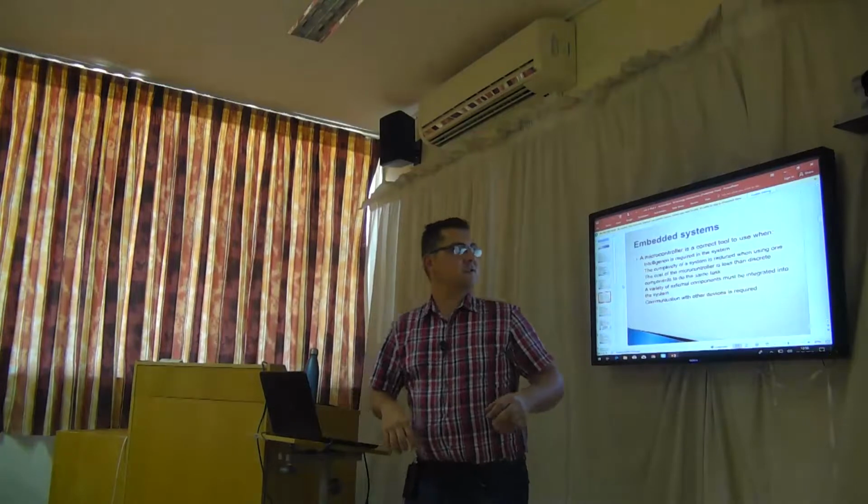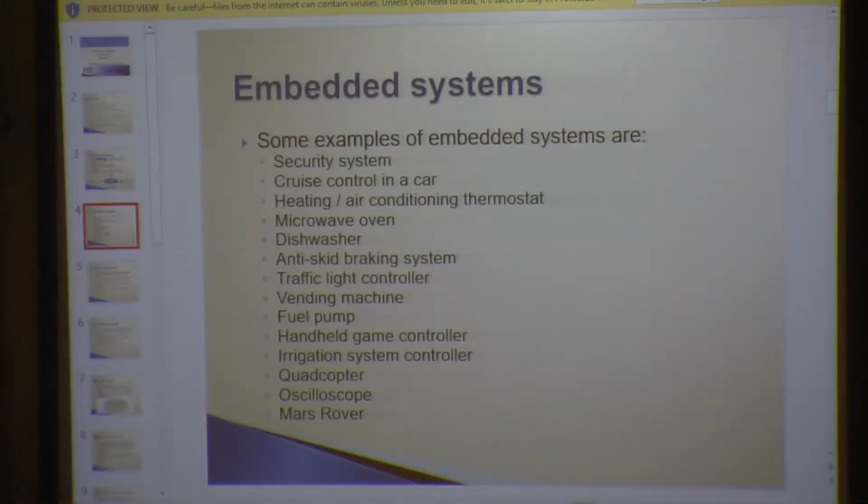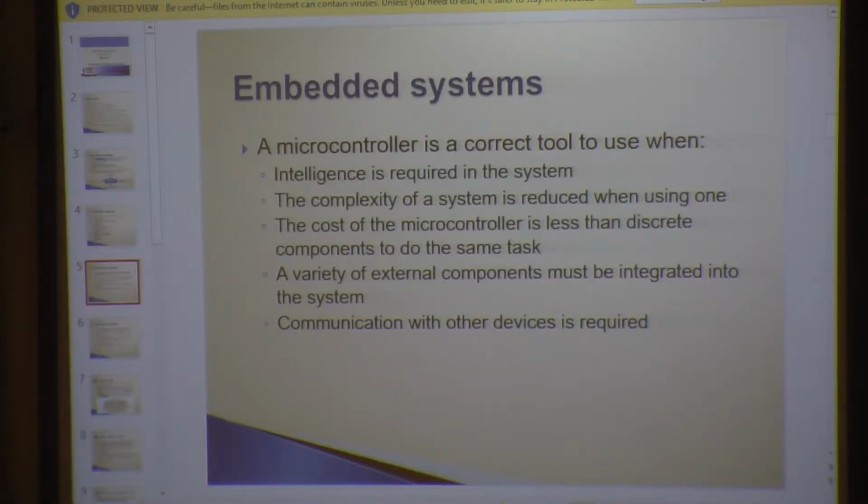Some of those things mentioned earlier on this previous list, if we had to build a security system, or even let's say traffic light controller, that can possibly be done with discrete components, small ICs. But the cost associated between using a microcontroller compared to a number of discrete components can be quite different.